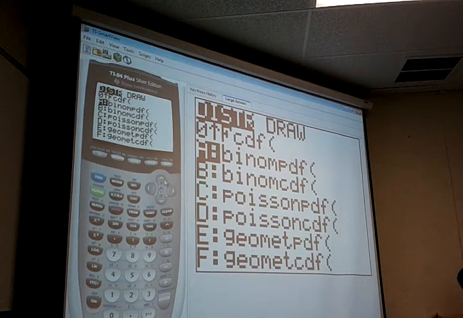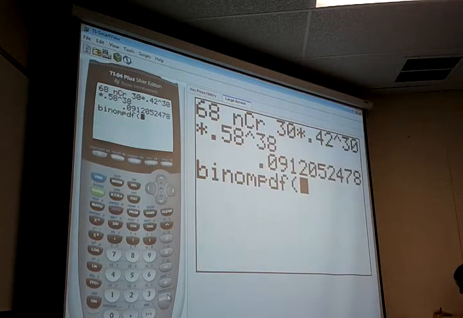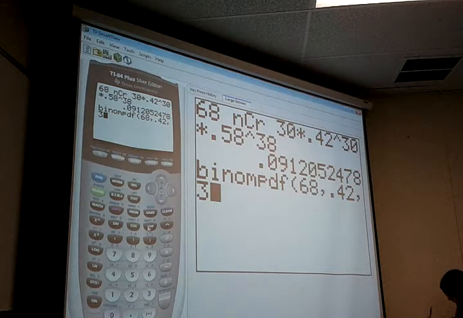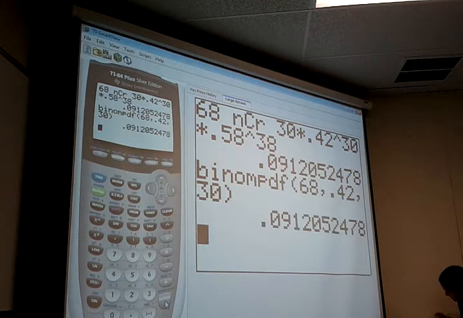Just 30. So particularly 30. What are my inputs here? 68. N, good, 68. 0.42 for P. And I want exactly 30. Same number, right? Of course it is. Because what's the calculator do? It does that formula. So of course it's going to be exactly the same number, right?